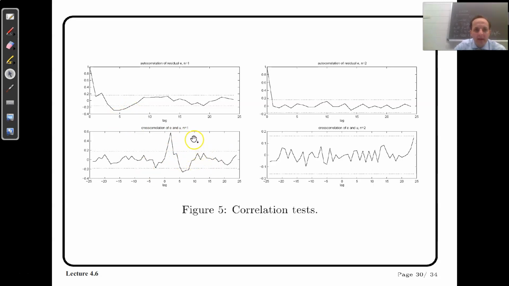Again, for order 1, you can see that there are some unmodeled dynamics in the autocorrelation and in the cross correlation. Also, in the cross correlation you see some negative values of tau, so it means that there is a presence of feedback.